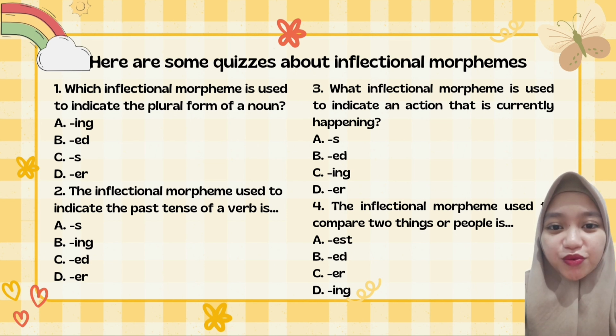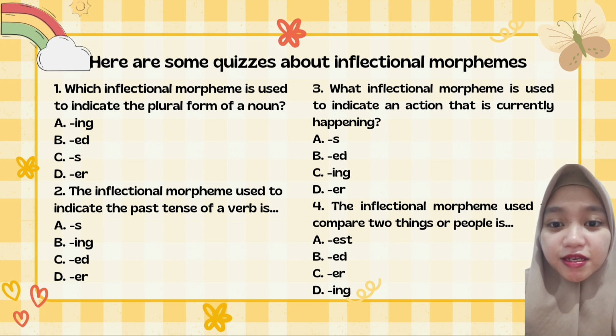Number 1. Which inflectional morpheme is used to indicate the plural form of a noun? A. In, B. At, C. As, D. Or. Number 2. The inflectional morpheme used to indicate the past tense of a verb is A. As, B. In, C. At, D. Or.